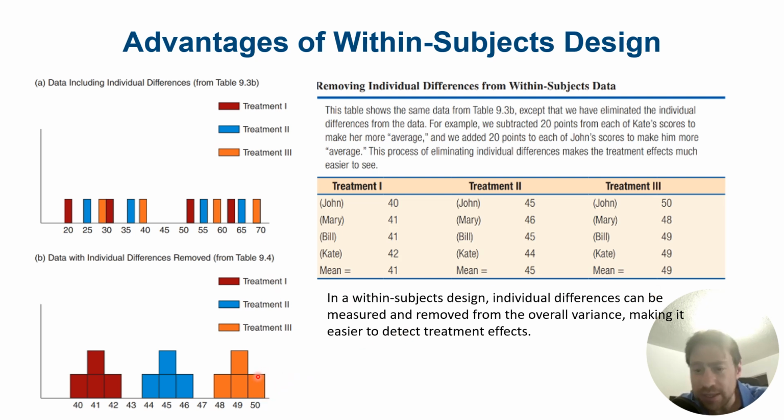You can clearly see that treatment 3 results in higher scores than treatment 2 and treatment 1, and the difference between 1 and 2 is clear as well. So again, in a within subject design, you can remove the individual differences, which reduces the variance within the treatment conditions, making it easier for you to see the effects of the treatment.